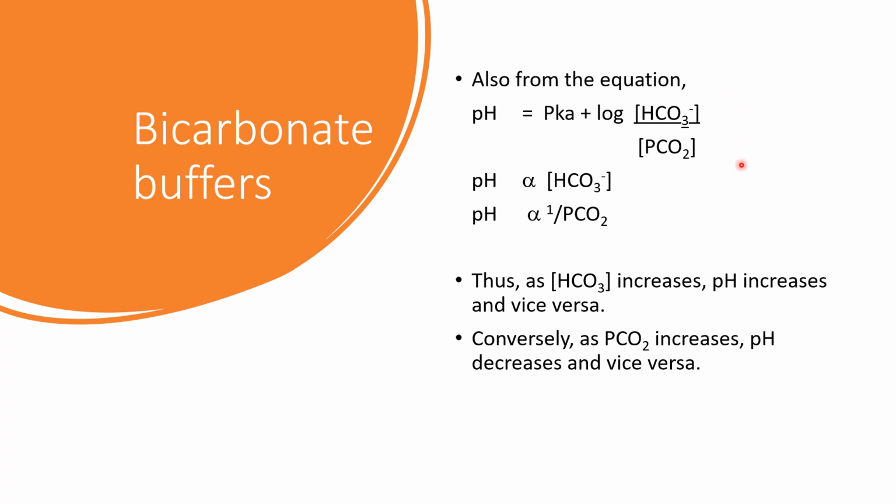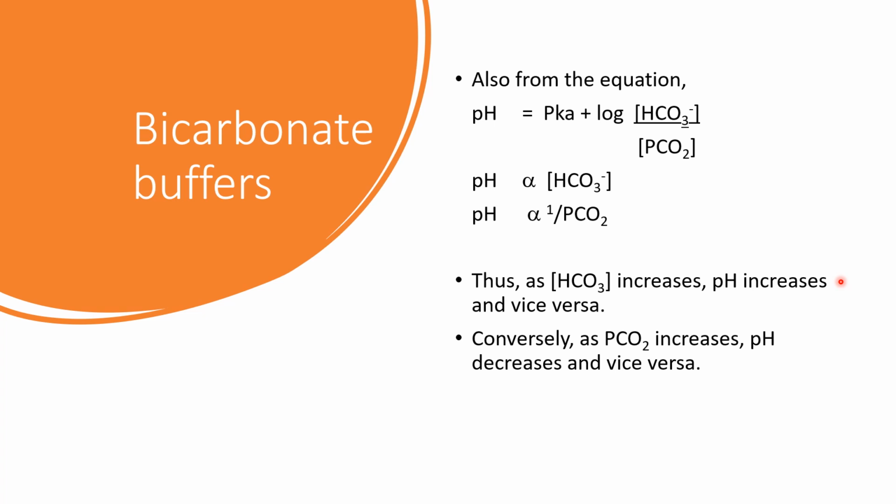Now, this relationship shows that the pH is directly proportional to the concentration of bicarbonate, and the pH is inversely proportional to the weak acid, which is the partial pressure of carbon dioxide.